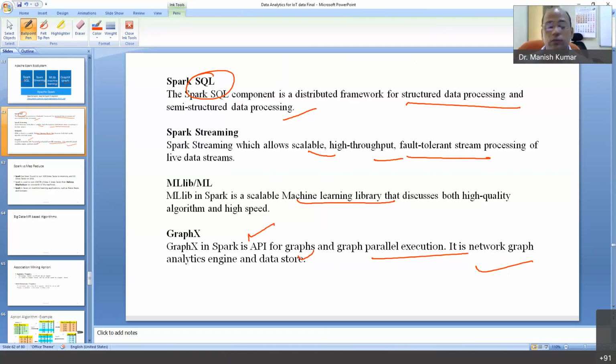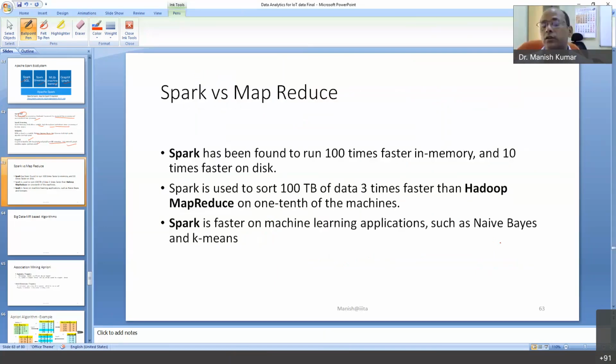Okay. If you compare Spark and MapReduce, as I told you, Spark has been found to run 100 times faster in memory and 10 times faster on disk. Spark was used to sort 100 terabytes of data 3 times faster than Hadoop MapReduce, on 1/10th of the machines.